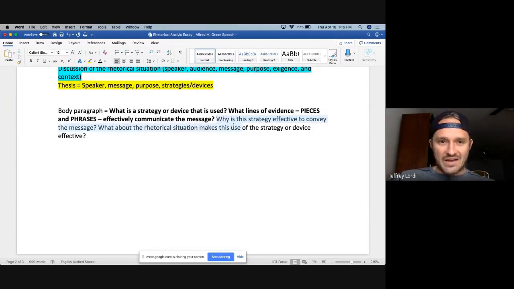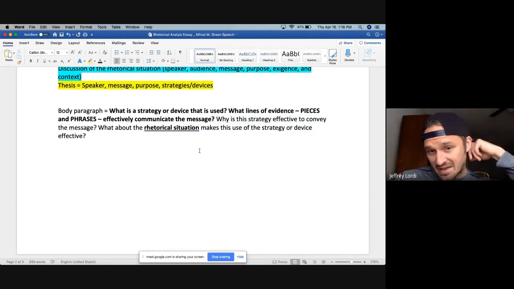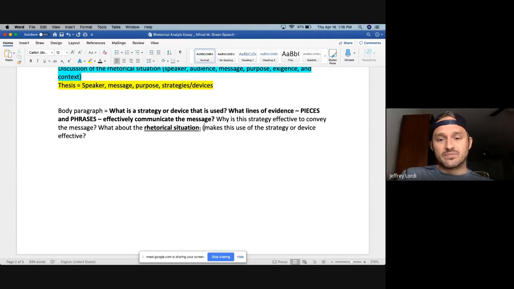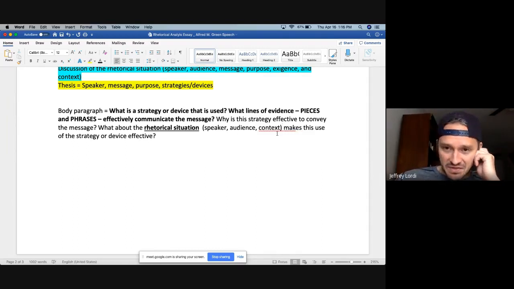Why does this strategy work for his message? And then what is it about the rhetorical situation? And when I'm saying that, again, what is it about the speaker or the audience or the context that matters to this? So the fact that the war just started, it matters that he's using patriotic language to motivate them.